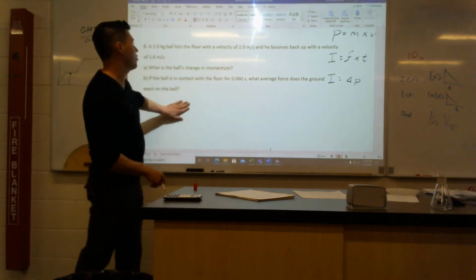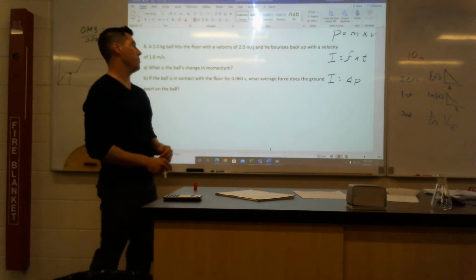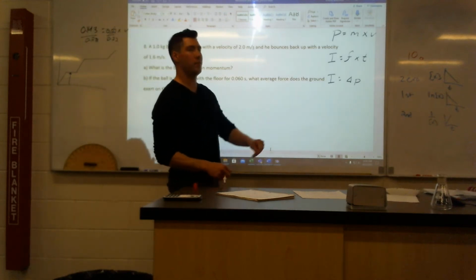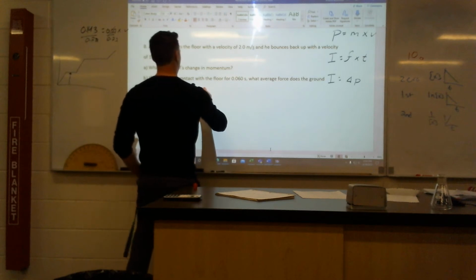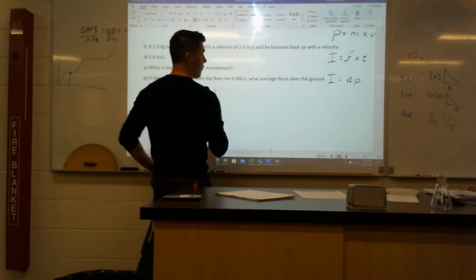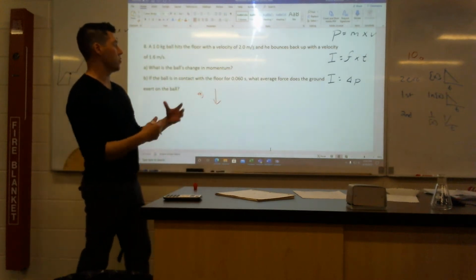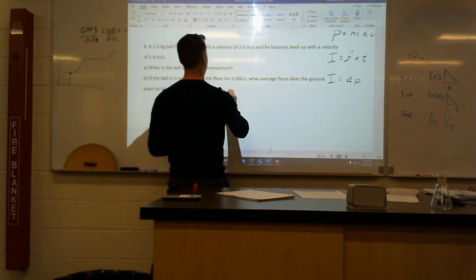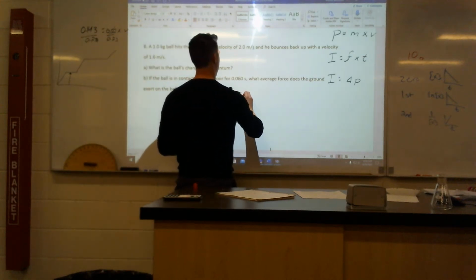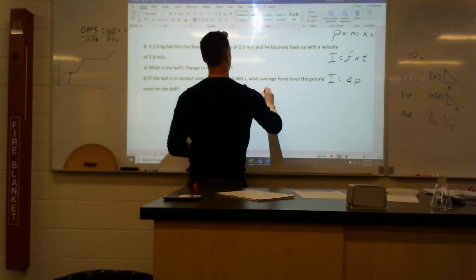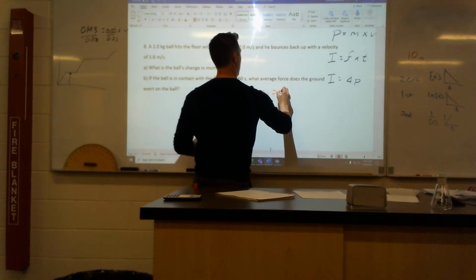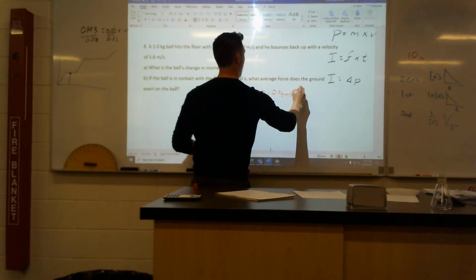Okay, so let's talk about change in momentum. This is the big reason why we have to have direction in there, so I'm going to draw this out. Momentum is a vector, so it goes down with 2 meters per second. Momentum equals 1 times 2, so it has a momentum of 2 kilogram meters per second going down.